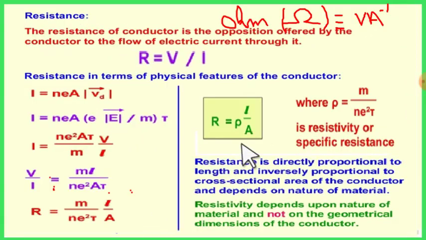Here R is equal to rho L by A, where rho is the resistivity, which is equal to the mass of the electron divided by number density of free electrons, square of electronic charge, and the average relaxation time. This is known as resistivity, or you can call it specific resistance.